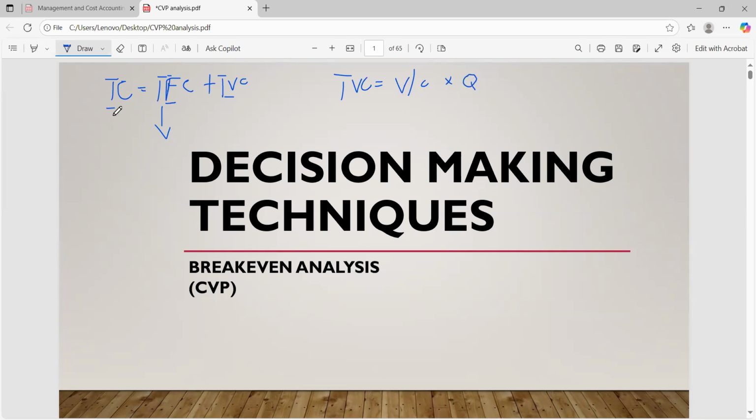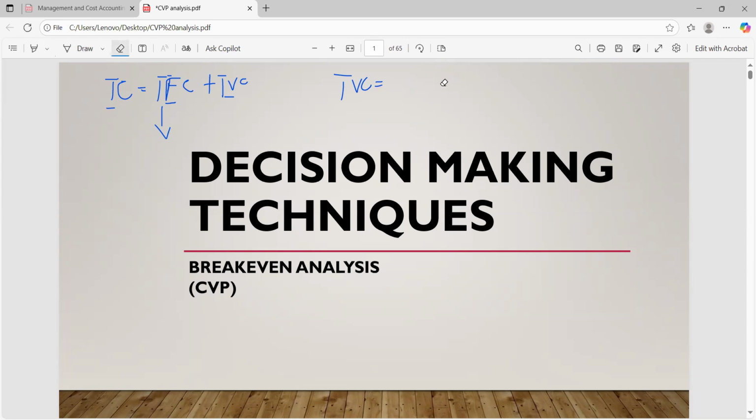And then therefore total cost would be the total fixed cost plus variable cost per unit times quantity, let's call the variable cost per unit X. So you can say quantity times X, it is multiplying. Hence, we are going to find break even.